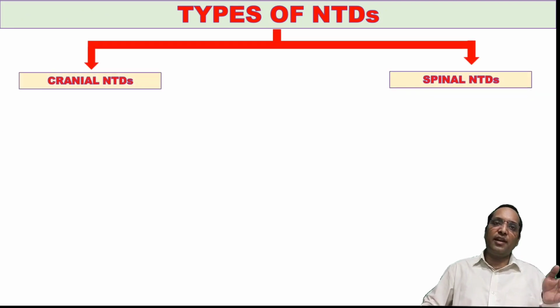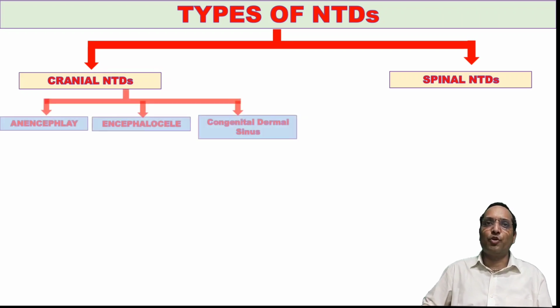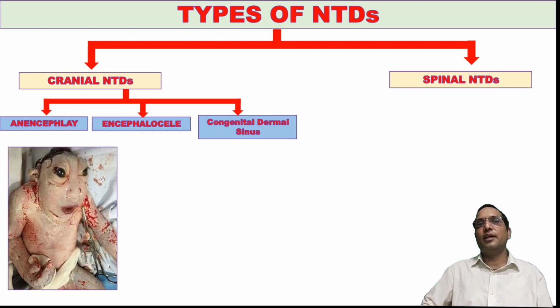There may be a cranial neural tube defect, due to a defect in fusion of the rostral neuropore, or a spinal neural tube defect, which is due to a defect in the caudal or posterior neuropore. Cranial neural tube defect is further divided into anencephaly, encephalocele, and congenital dermal sinuses.